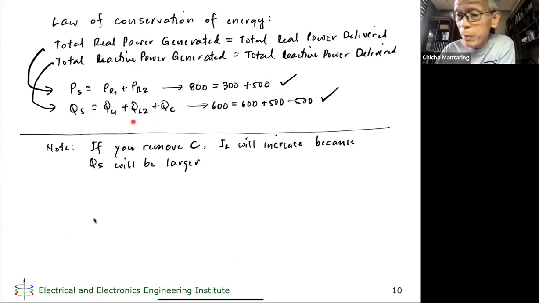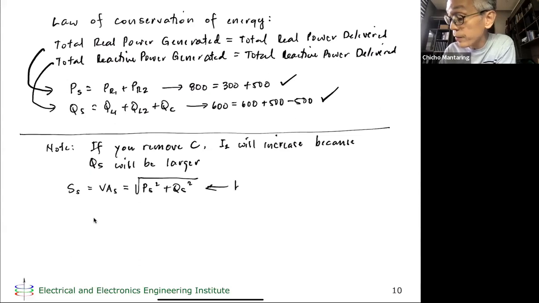It will be QL1 plus QL2. You have the same P of S, you have a larger Q of S. Your S of S, which is equal to your volt amperes, is the square root of P of S squared plus Q of S squared. This will also be larger.